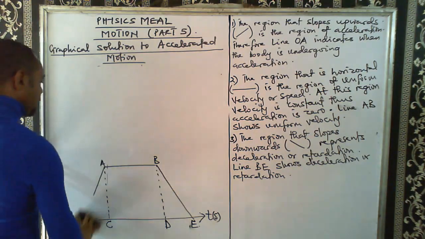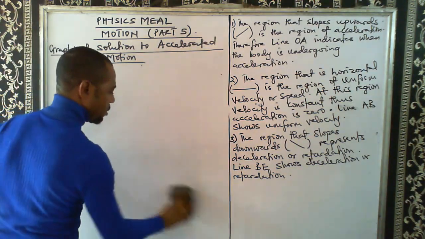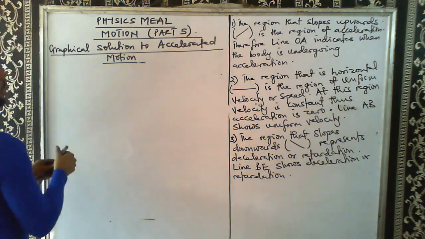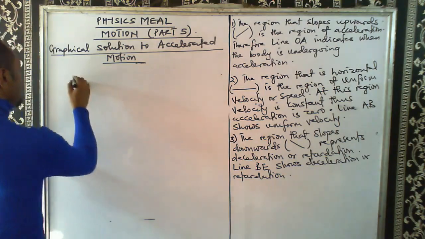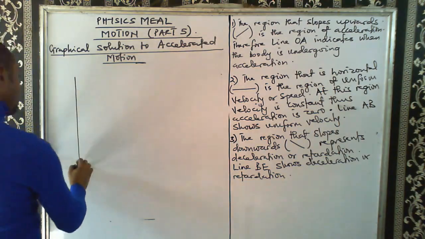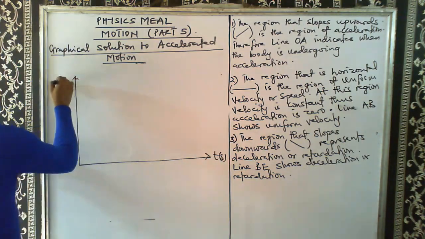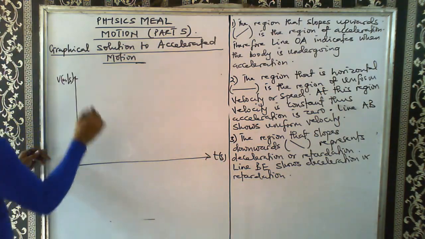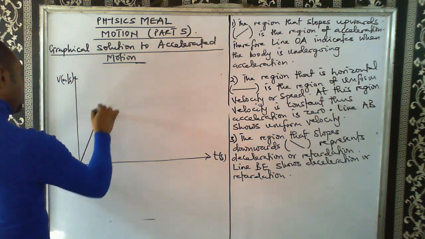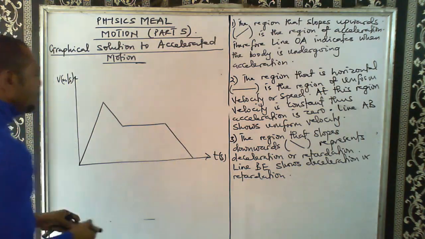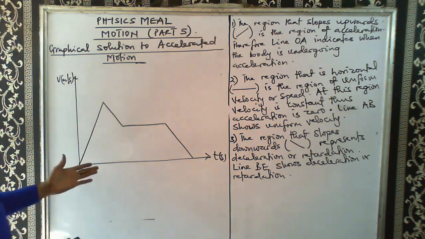So if I have, let's say I have this now. I have a graph like this. Time in seconds, velocity meter per second, and I have this, this, this. If someone said, what happened in this motion?